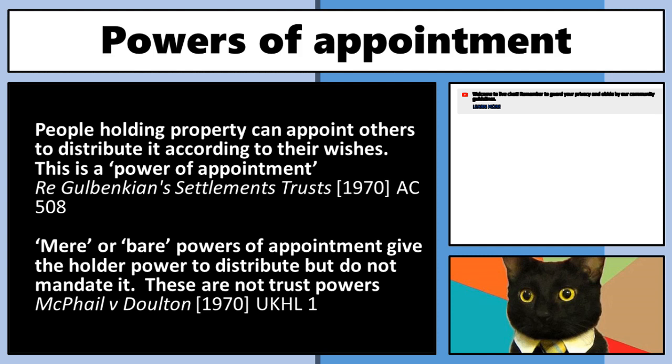So if I say to my brother, you have my property, use it as you see fit, for such purposes as you see fit, to do whatever you so like, and if you deem it wise, give it to my child. It's not going to work. It's not going to be a trust power. It's going to be a mere power. It doesn't have that mandatory language.